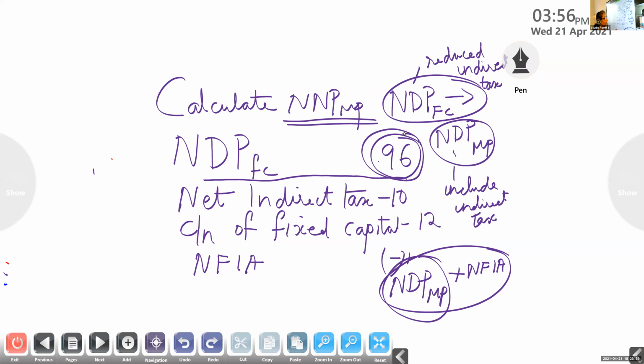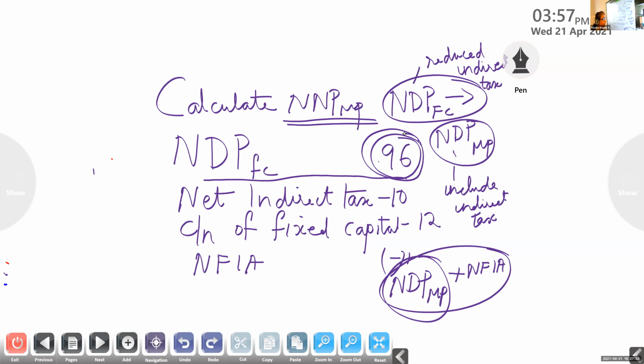When you have written the definitions of net national product, gross national product and all those things, please read that once more. In that it is written: in NDP at factor cost we have reduced indirect tax, in NDP at market price we have included the indirect tax.